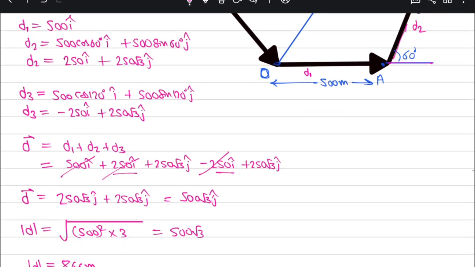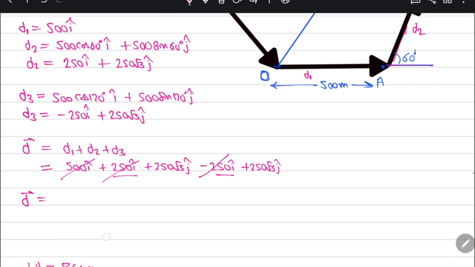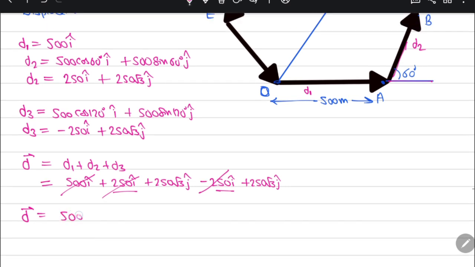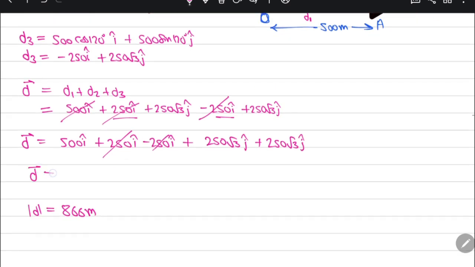Oh, sorry, I have done this wrong. Just wait. If we add them: 500 i cap plus 250 i cap minus 250 i cap, and 250 root 3 j cap plus 250 root 3 j cap. The 250s cancel, so the displacement comes out to be 500 i cap plus 500 root 3 j cap.